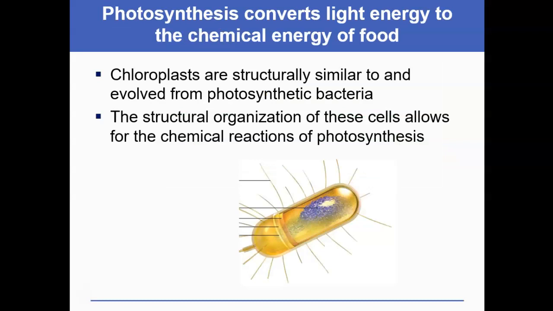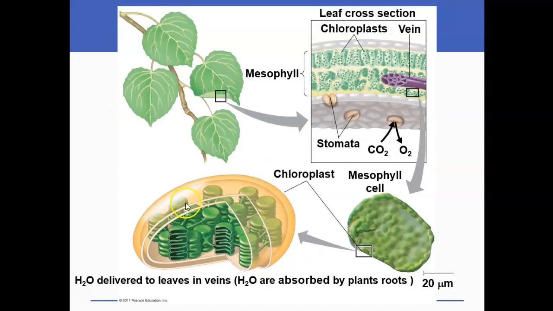So just like for aerobic respiration, it's important to know what structures we're talking about when we're talking about photosynthesis. Chloroplasts are the organelle in which photosynthesis takes place. We saw this earlier in the class, but we can think about the structure of the chloroplast, and we're reminded of those bacteria we studied, those prokaryotic organisms that actually had almost the same structure because that's where they evolved from.